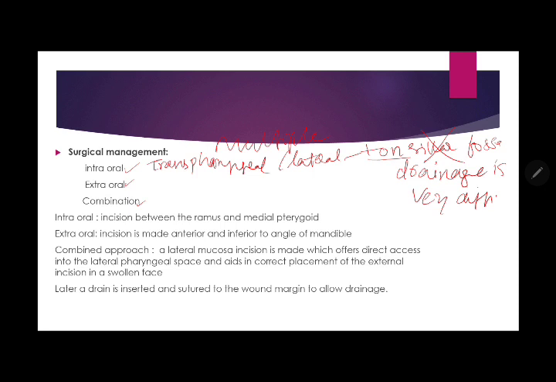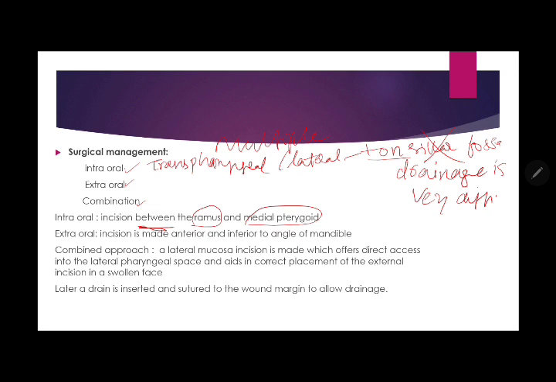So another intraoral approach, which is more easily performed, is making an incision between the ramus and medial pterygoid. This is the easiest intraoral approach in managing the lateral pharyngeal space infection.